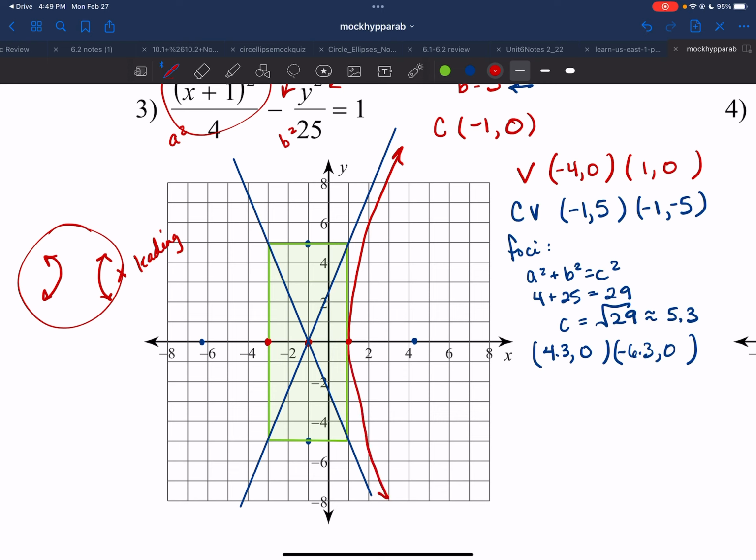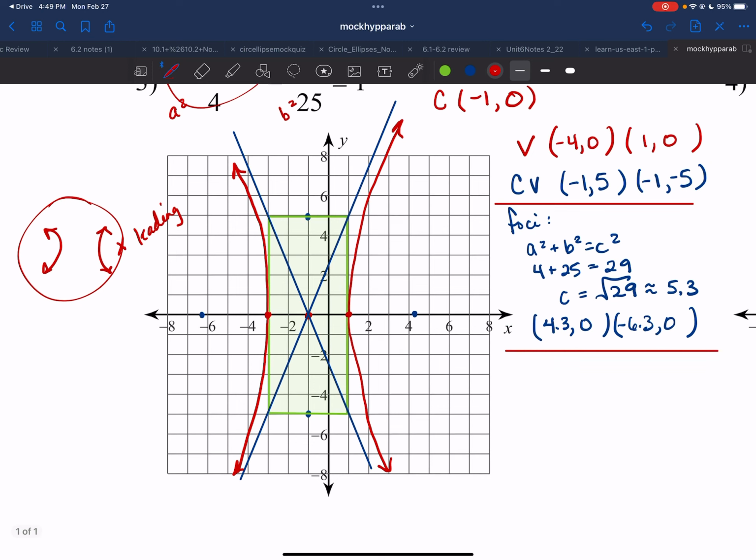We want it to go towards our asymptotes. So it's going to be very, very shallow on this one, or very wide. I just don't want you guys making it more like a parabola, because these are going to follow our asymptotic lines. Okay, so that was our foci. And then the last part of this, I think, is to do the equations of my asymptotes.